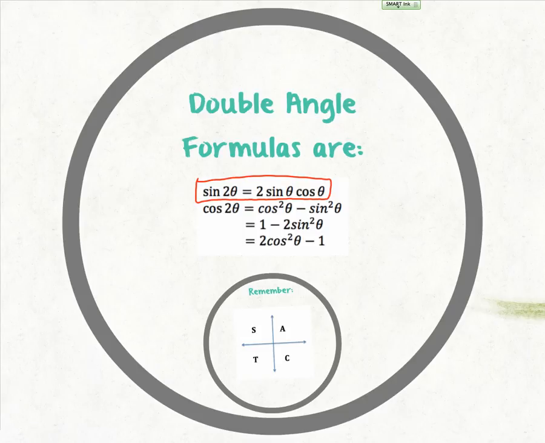Where this comes in handy is if you have a problem that only tells you sine. You guys can find cosine, you've done that before, but if all you know is sine and you need the cosine of the double angle, you can just plug that in. That's why that's helpful. It'll give you less work on some problems.